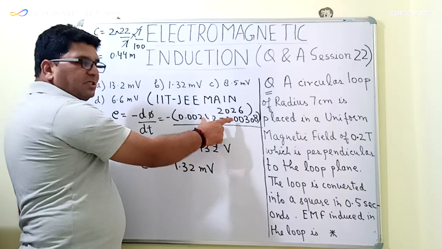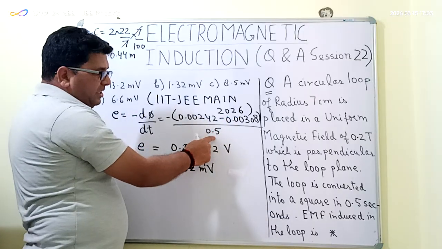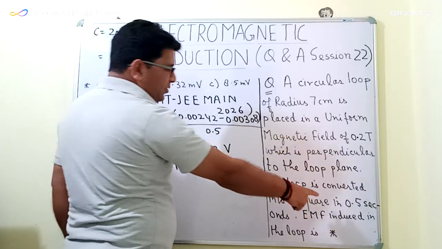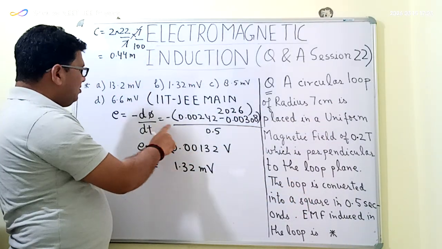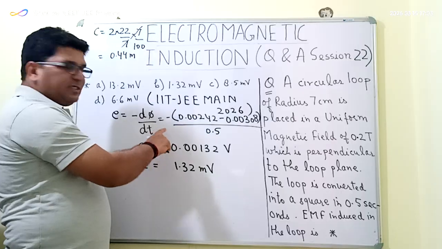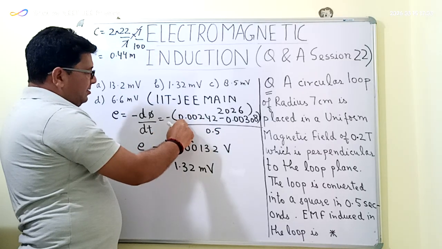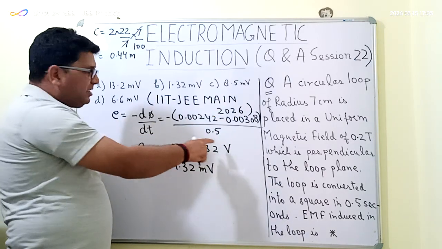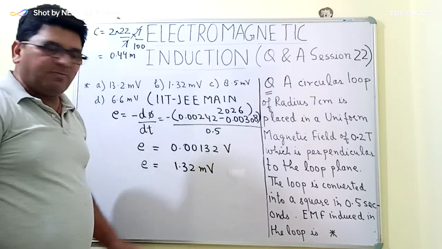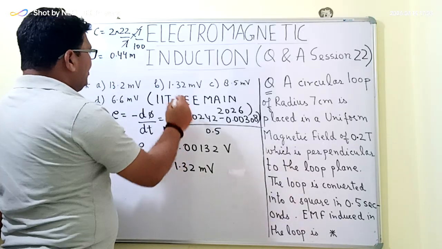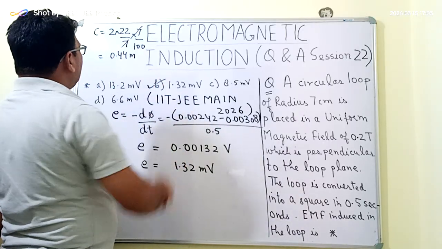So this was a change in the flux, and the time taken for converting this circular loop into the square loop was equal to 0.5 seconds. So the rate of change of magnetic flux will be equal to the difference of these two magnetic fluxes divided by the time interval. Finally we have got the value as 1.32 millivolts, and the correct option here is B.